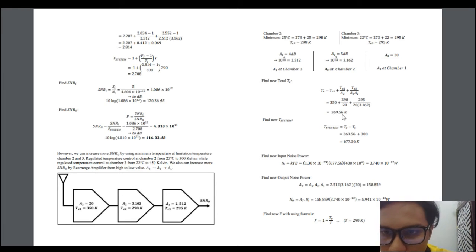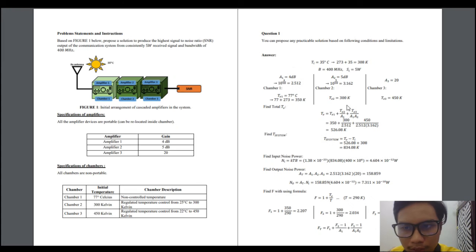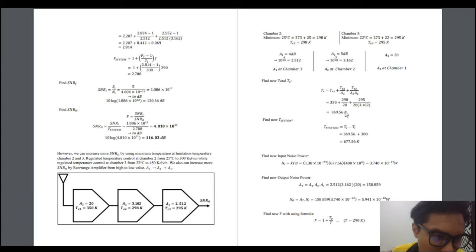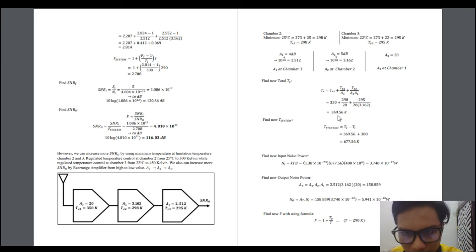So why is it lower? Because of this formula, the first gain is higher than in the first calculation, which was A1. That's why our temperature is lower for TE. Because gain is inversely proportional to TE, so that's why we can lower the temperature.